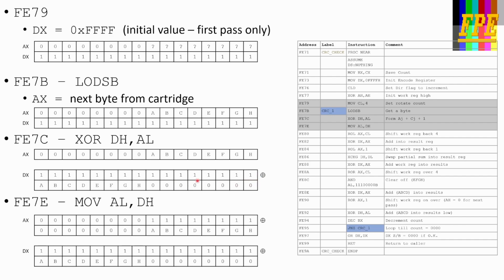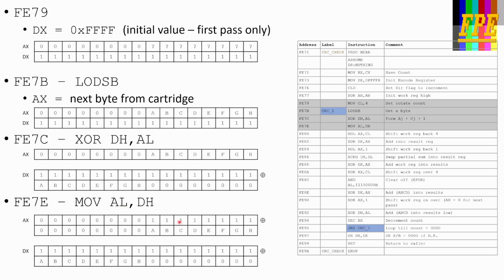The reason I show this is so you can see how it actually builds up. The next one is to move the DX register's high bits into the AL's low. We take the high byte, which is the one exclusive ORed with A, B, C, D, E, F, G, H, and move it into AL.